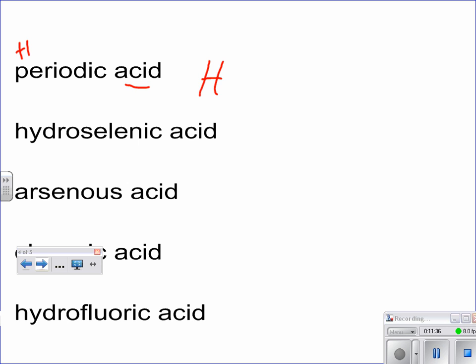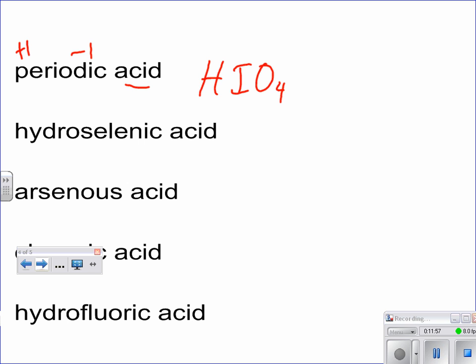Which polyatomic ion does it come from? Periodate, right? Periodate, which you look up and you see it's IO4, and it has that -1 charge. Everybody find it? Periodate, IO4 with a -1.